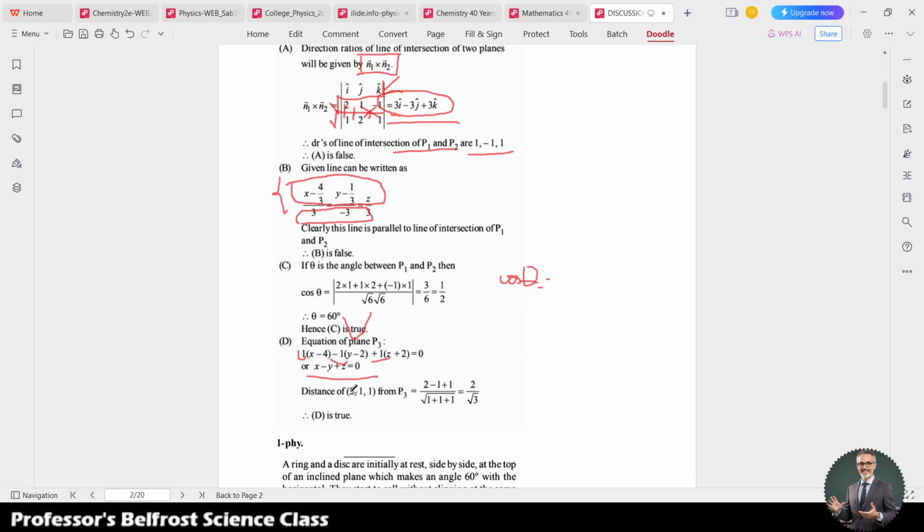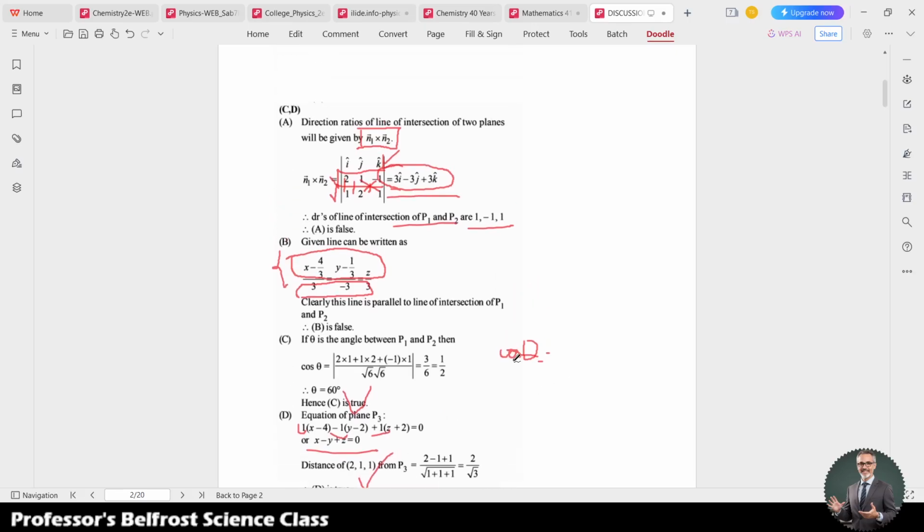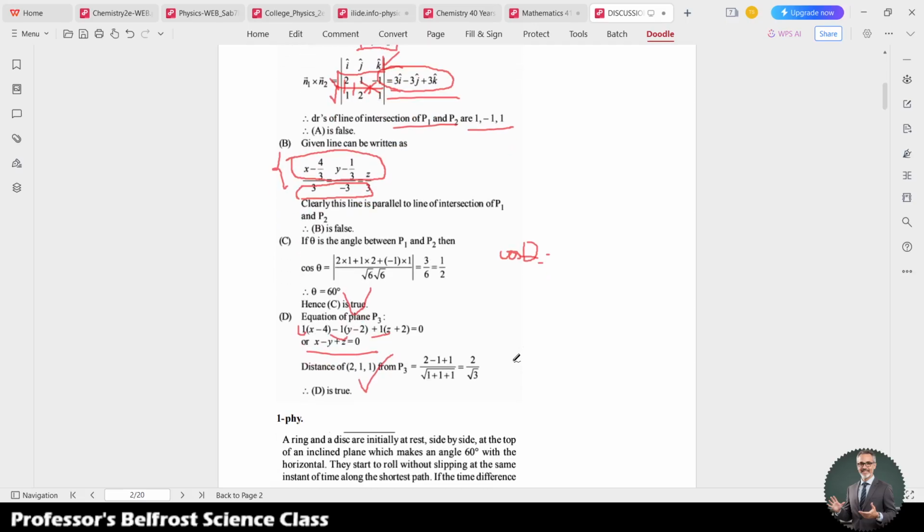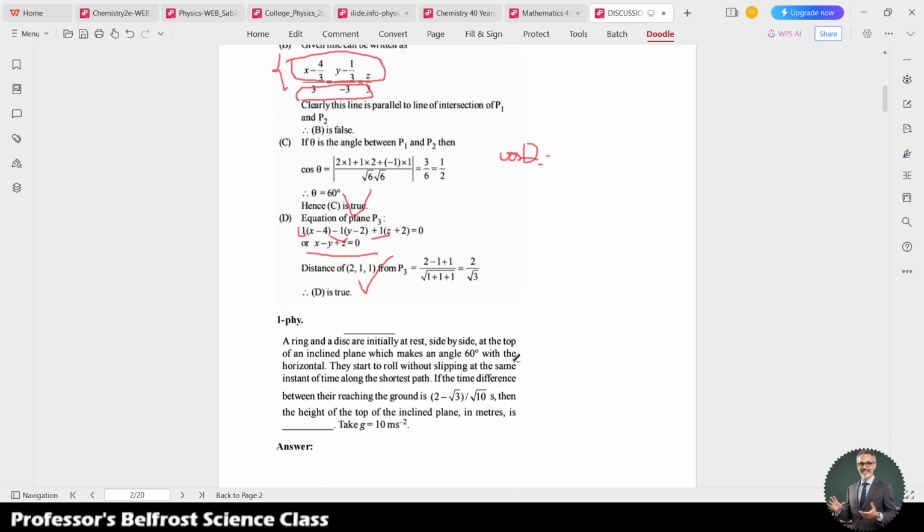You input it into the upper part: x is 2, y is 1, and z is 1. So 2 minus 1 plus 1, all over the square root of the length, 1, 1, 1, so 2 by square root of 3. So this is also true. The correct answer for this is only C and D.